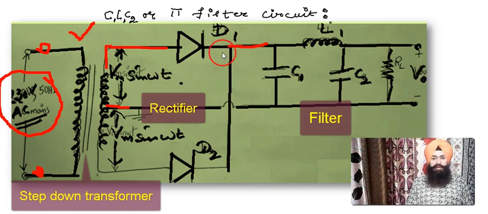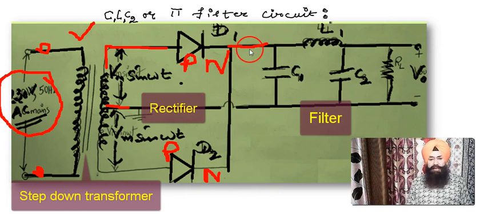Now this is P, this is N. Likewise, this is P and this one is N. N of both the diodes are connected together. Then output is taken from this line, which is the common end of both the diodes, and from the central line, which is grounded, the central tapping of the transformer.